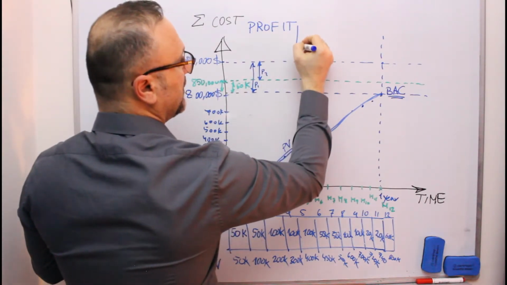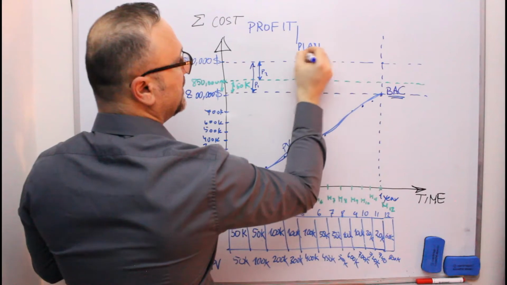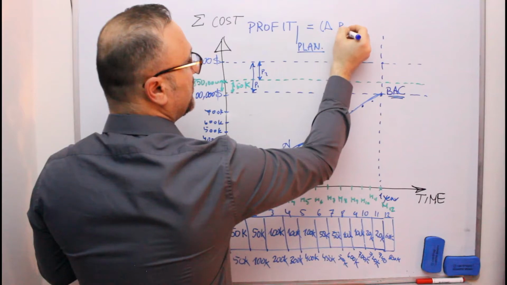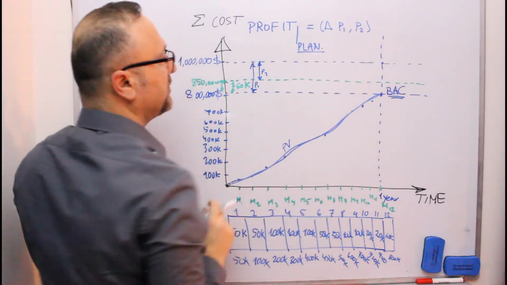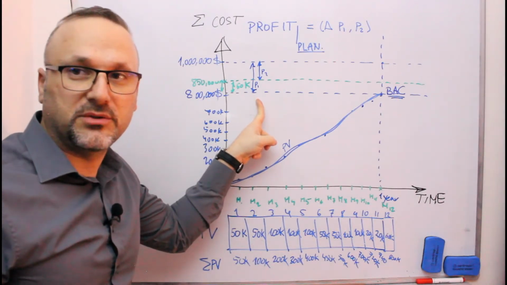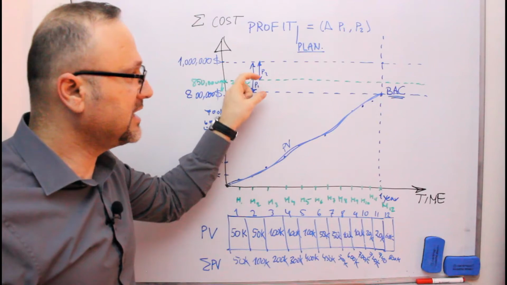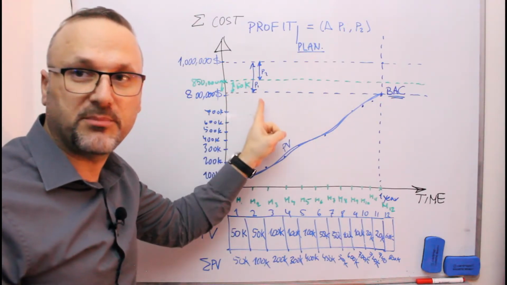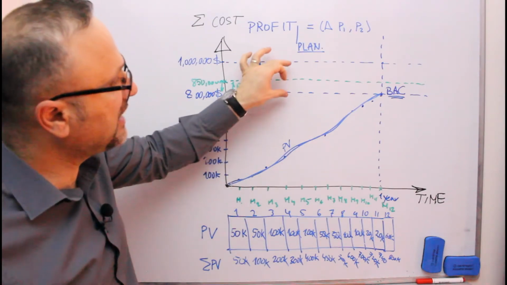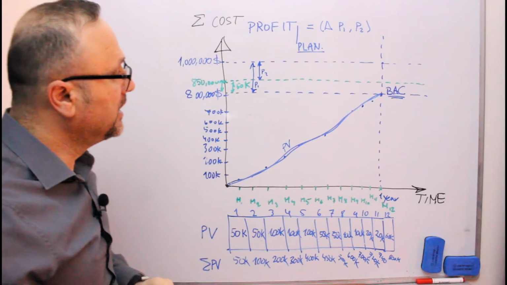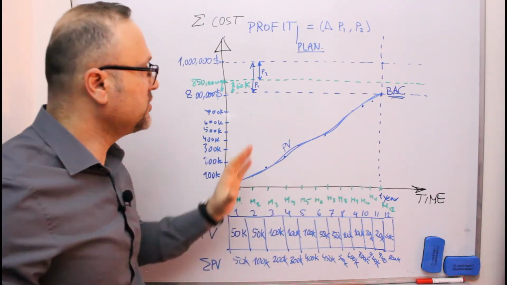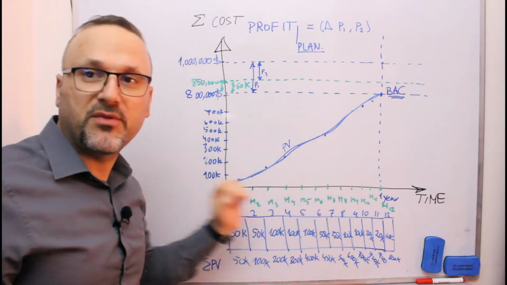Profit plan equal in a range of P1 and P2, because you always have some unknown risks occurred, so you could take all the management reserve according to the approval from the management, or you could not take anything, or you could take more than the management reserve.